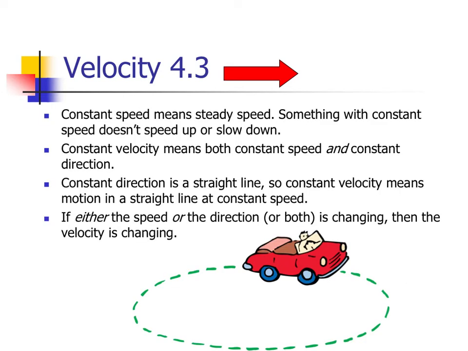So constant speed can be one thing, where it's just moving with a constant speed, doesn't change speed or slow down. Okay? Constant velocity means that the speed is also constant, but the direction does not change. The direction that the object is moving does not change.